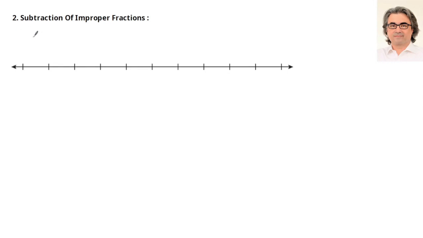Now, subtraction of improper fractions. We know the meaning of an improper fraction: its numerator is greater than or equal to the denominator. Okay.